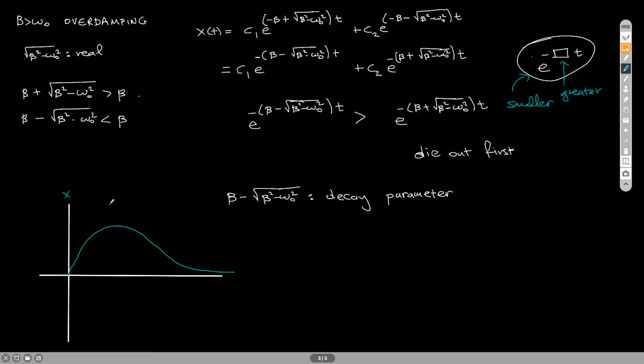So this is x and this is time, the time axis. The system will reach a maximum, and then eventually, as time goes to infinity, it will reach a position of zero. It will take some time, of course, to become very small, but it will not have the chance to go up and down as it did where we had underdamping.